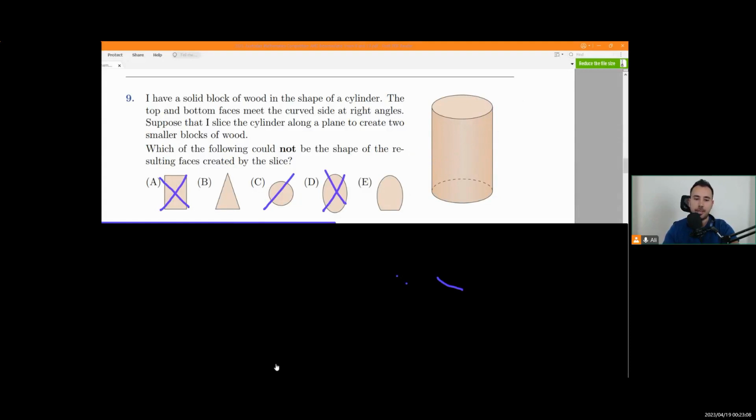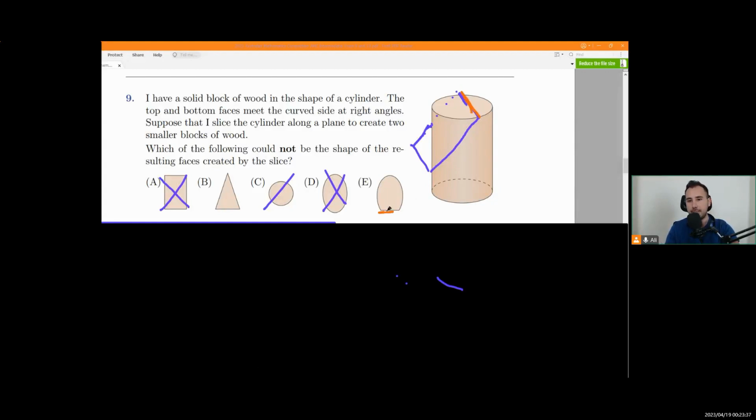So now imagine I will cut everything like this. What do I get if I cut things with this plane like this? When I have this side, this will be a straight line.